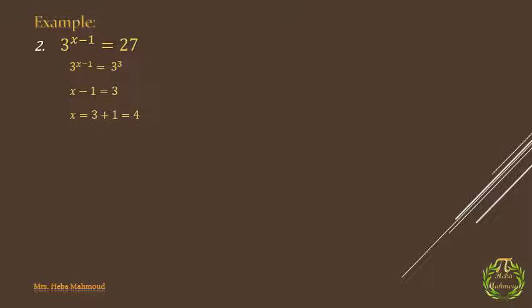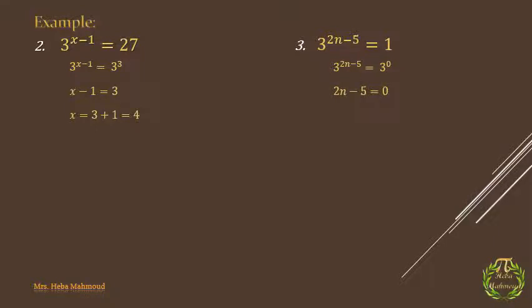Another example, 3 power 2n minus 5 equal 1. Since we know that anything power 0 equal 1, we can remove 1 and write it 3 power 0 to make the base equal base to find the power. So 3 power 2n minus 5 equal 3 power 0.